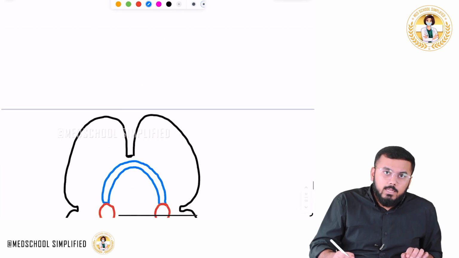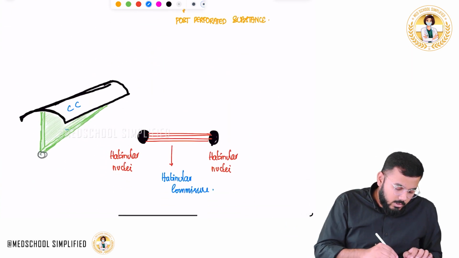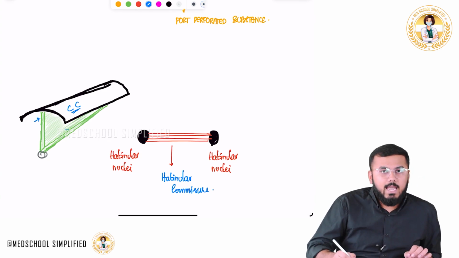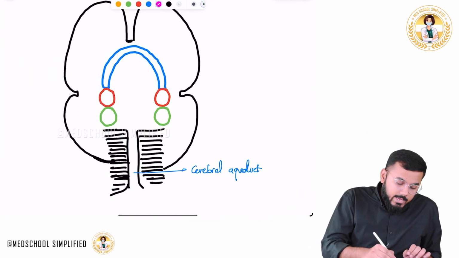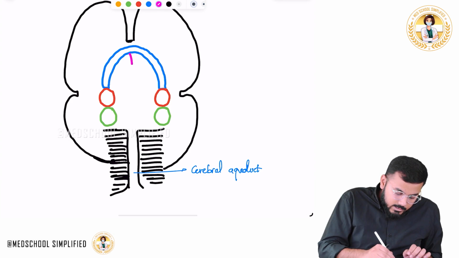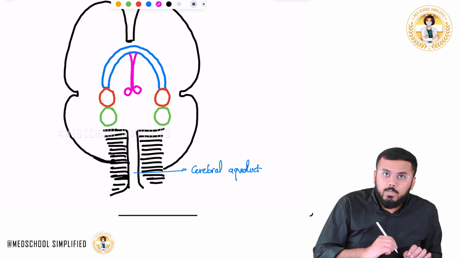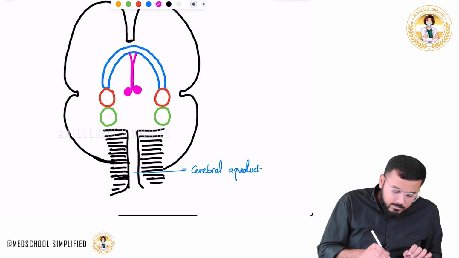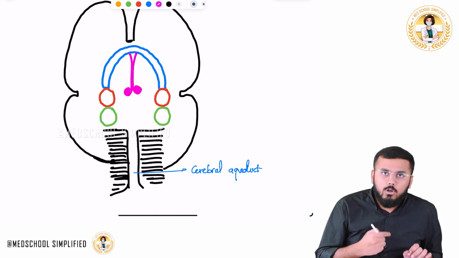Now, here, what did I tell you? In this particular picture, if this is your corpus callosum, in the center of corpus callosum, you see something that is hanging down. What is that? Septum pellucidum. So, exactly in the center, there is a structure hanging down like this. And beneath the septum pellucidum, these two ball-like structures, this is called your fornix.